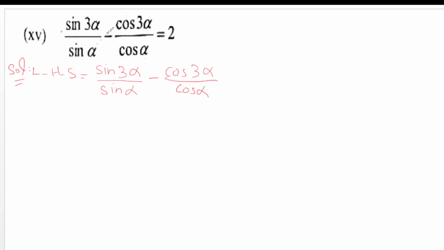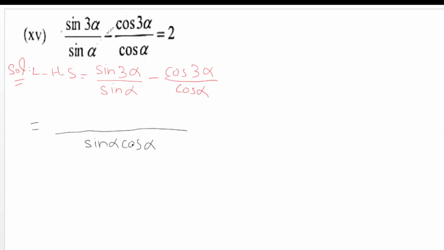So in a simple way, if there are two fractions and in between a negative or positive operation, what we need to do is simply take the LCM. So the LCM will be sin alpha and then cos alpha.